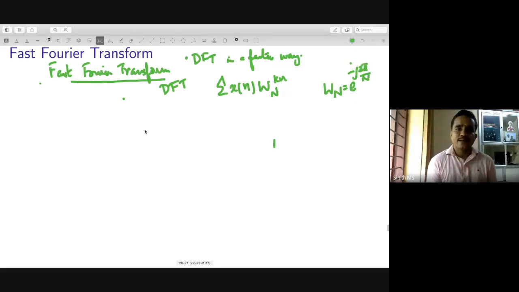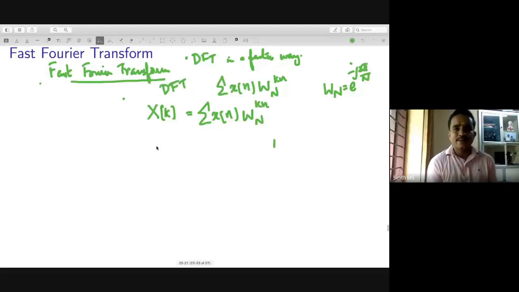You represent this as capital Xk, which is the DFT, sigma xn wn raised to kn. Now in this equation, if the signal xn is causal, it starts from n equal to 0, and you have summation from n equal to 0 to infinity.